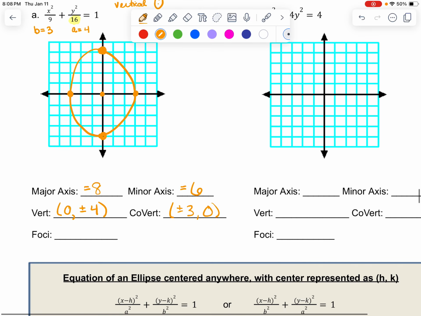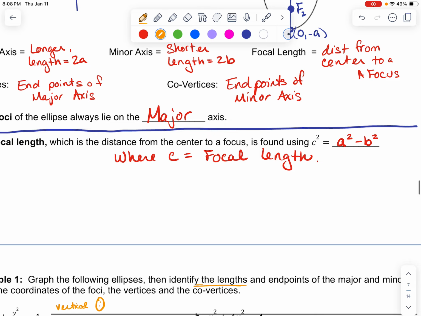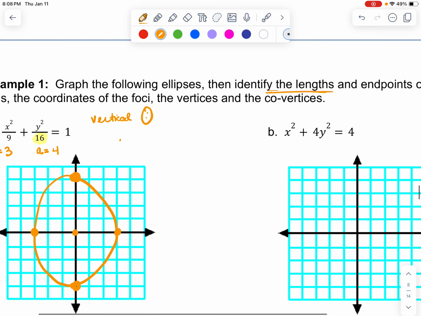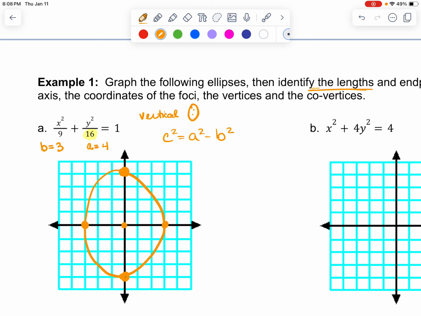All right, now we're going to have to do some work for the foci. So for the foci, that little equation was c squared equals a squared minus b squared. So I'm taking the a squared and b squared from the denominators, and c squared equals 16 minus 9. So c squared equals 7, and c is the square root of 7.